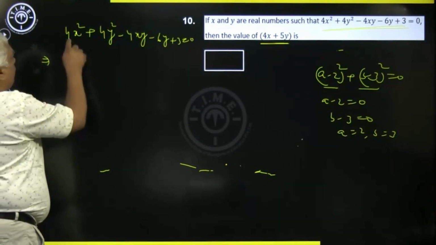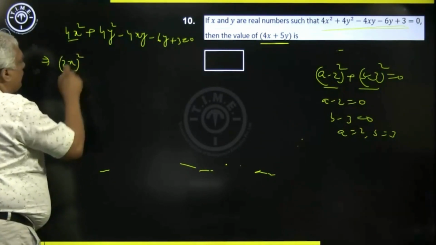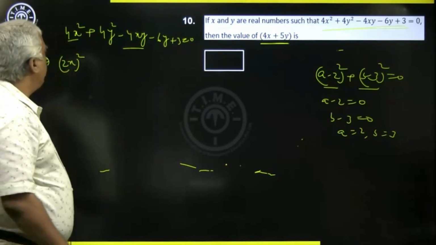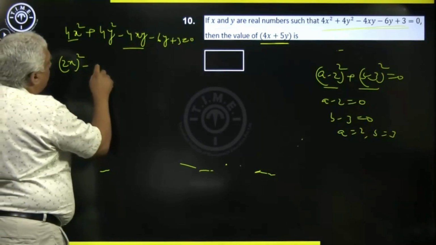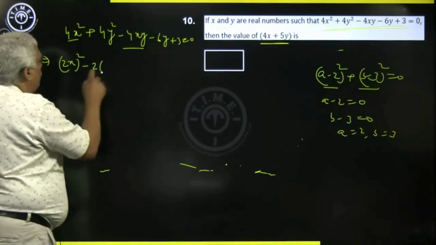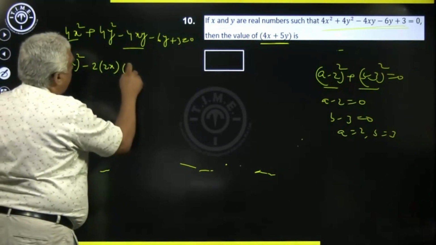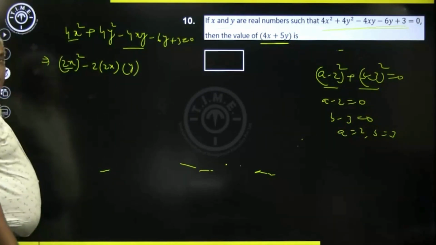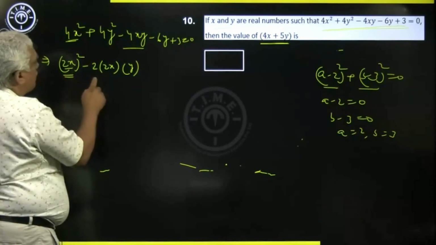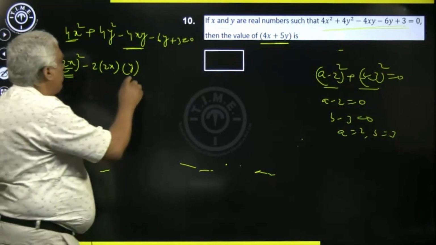Now, I can write 4x² as (2x)², right, and then I will take −4xy together. I am trying to make this as a² − 2ab + b², so I am taking 2x as a and y as b. So I have (2x)² − 4xy, and I need + y².